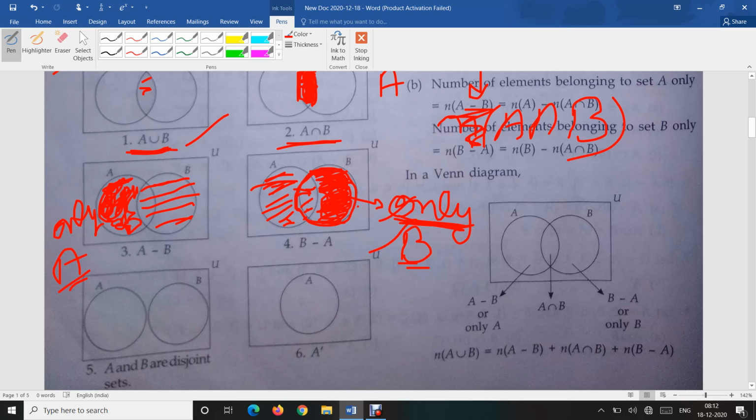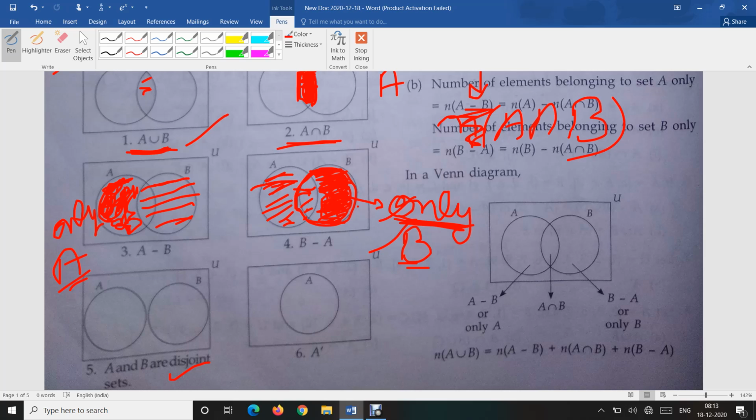The next is A and B are disjoint sets. I told you about disjoint sets, that disjoint sets are those which have nothing in common. If they have nothing in common, that means these are two separate sets which have no common element.